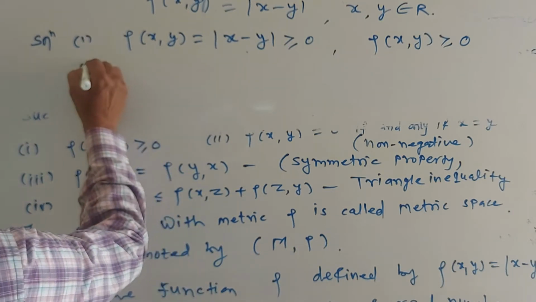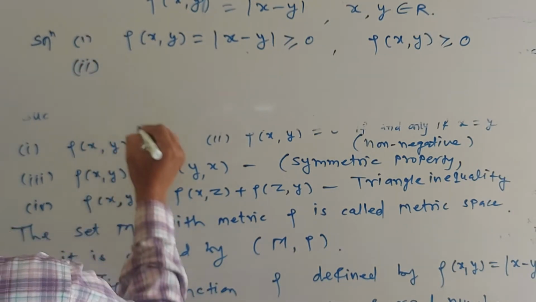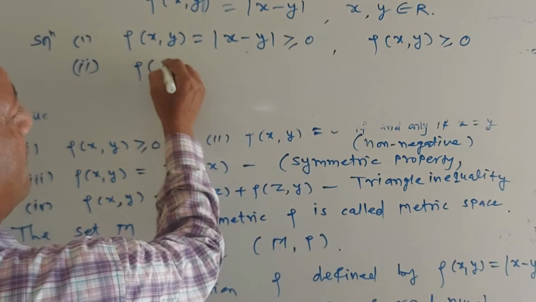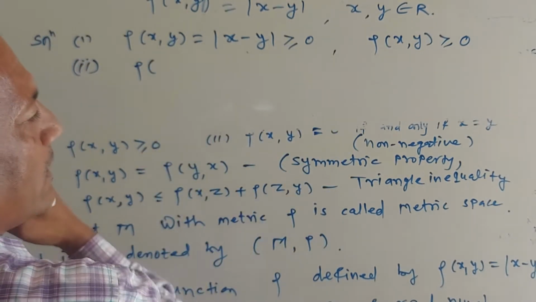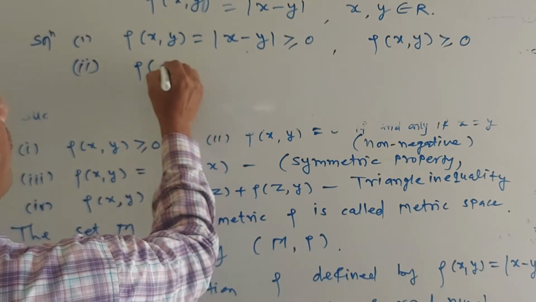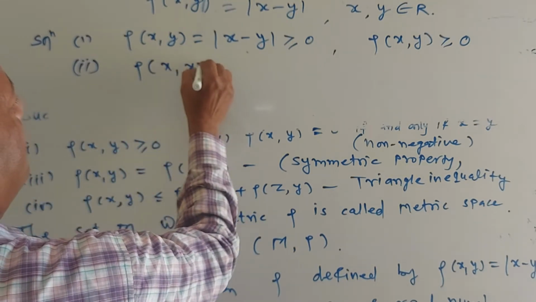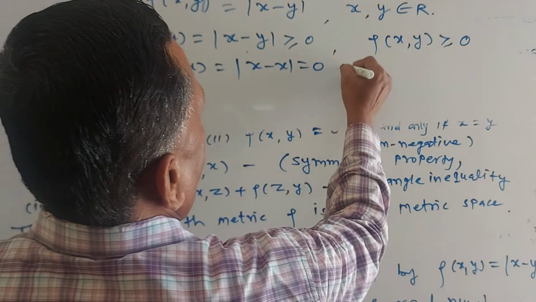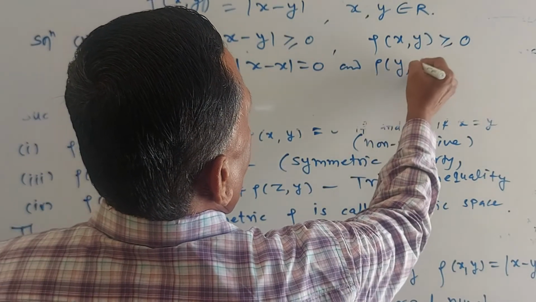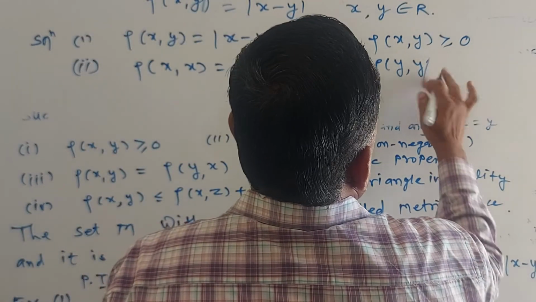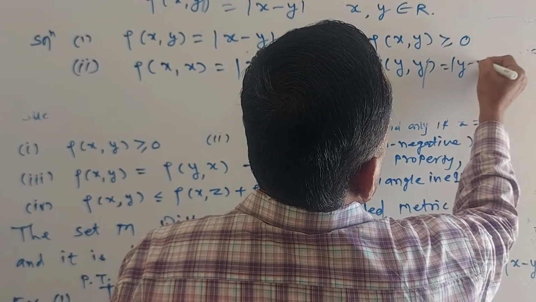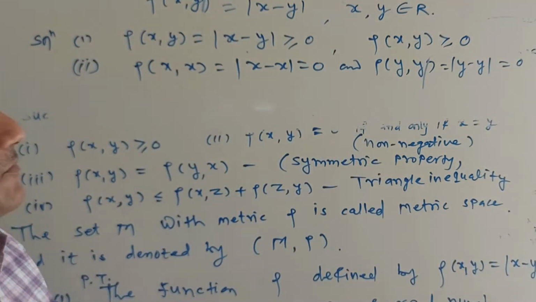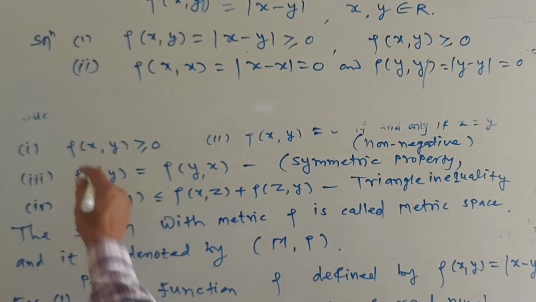Similarly, second: rho of xy is equal to 0 if and only if x is equal to y. If x is equal to y, then rho of xx means mod of x minus x is equal to 0, and rho of yy means mod of y minus y again is equal to 0. Therefore, rho of xy is equal to 0 if and only if x is equal to y.